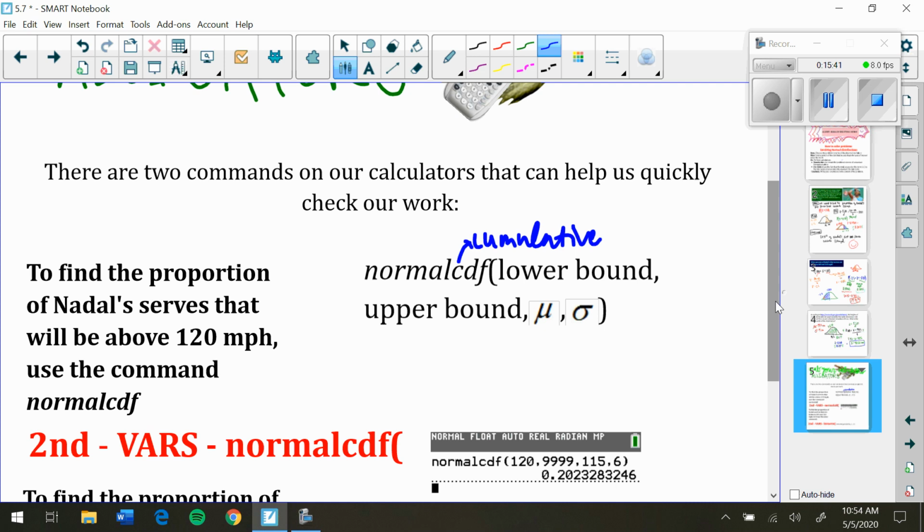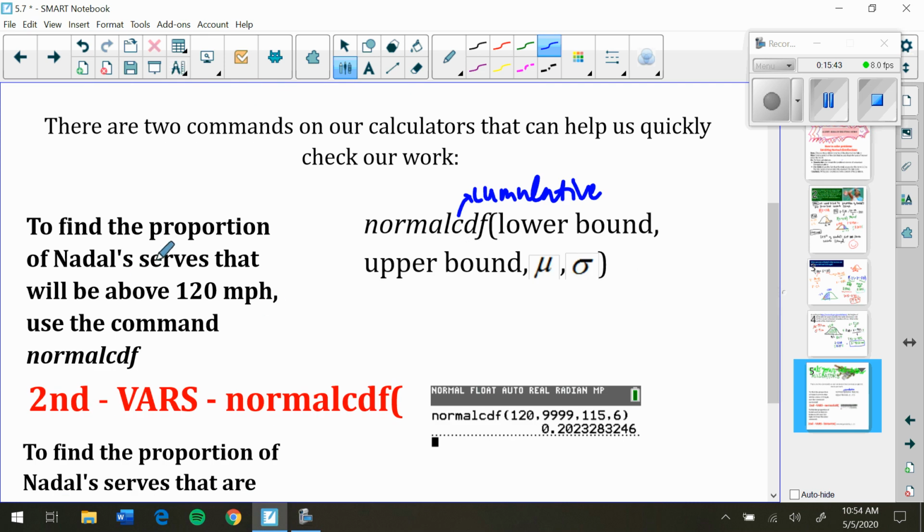So in the problem that we did at first, it said find the proportion of Nadal's serves that will be above 120. So if I draw that again, we're looking for above 120. Well, the lower bound of the shaded region is 120, and our upper is just a really big number. If there isn't actually an upper, just make it a big number.